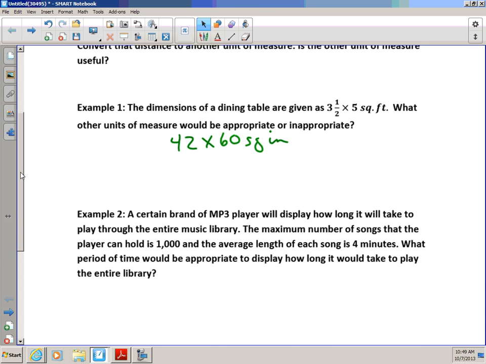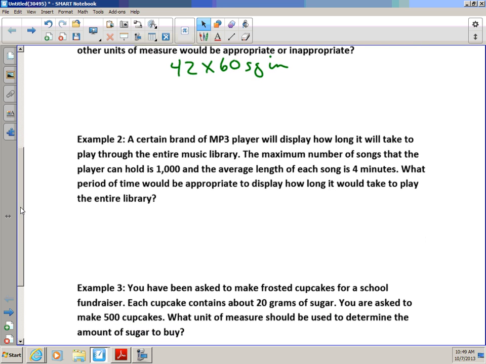As a second example, an MP3 player allows you to play your digital recording library. And let's say it can hold 1,000 songs, and on average that's 4 minutes. Well, obviously that means it can store 4,000 minutes of music.